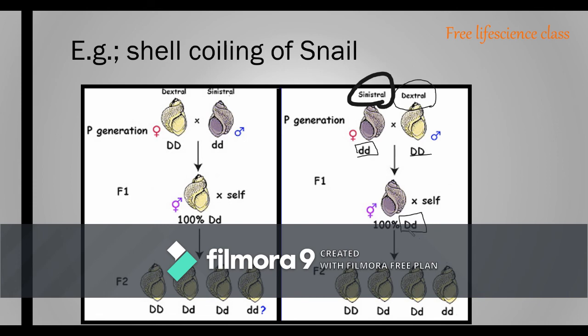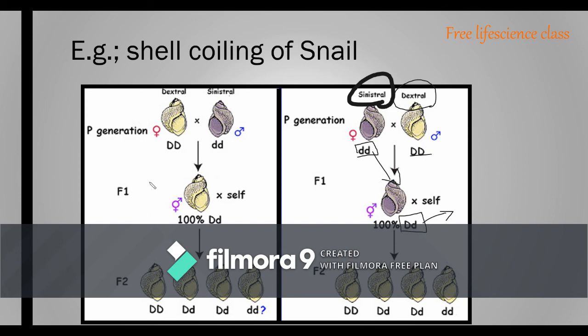So from the genotype, you should have a dextral offspring. But the expression of the phenotype of the offspring is controlled by the mother. That is, the offspring will definitely have a sinistral type.